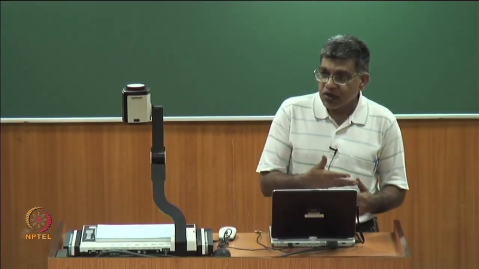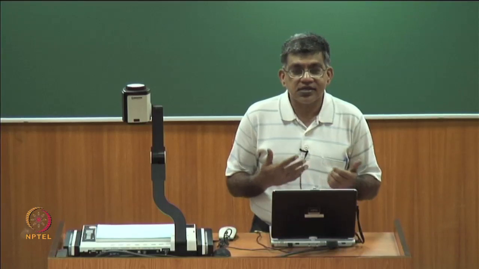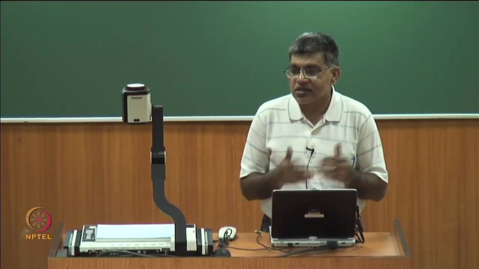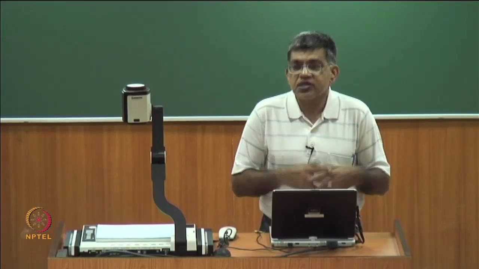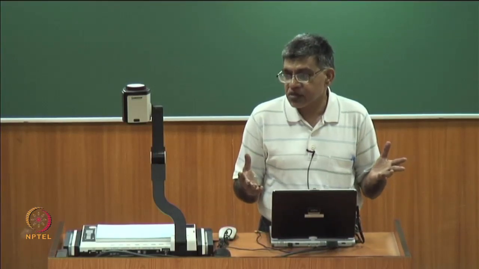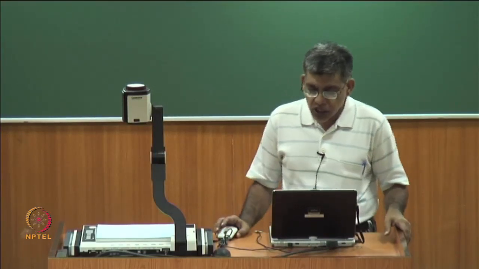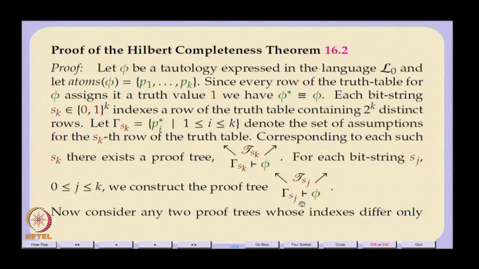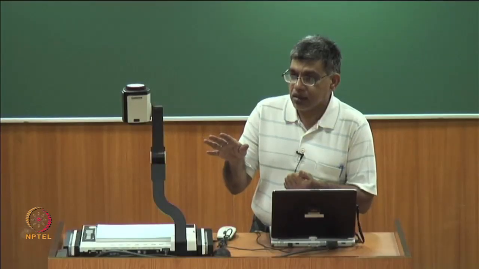When j becomes 0, S0 is just the empty string, that is gamma epsilon, and essentially that is an empty set of assumptions. Otherwise, S j for j less than or equal to k gives you the truth assignment for each of the atoms P1 to Pj, assuming that you have already removed the atoms Pj plus 1 to Pk, right.